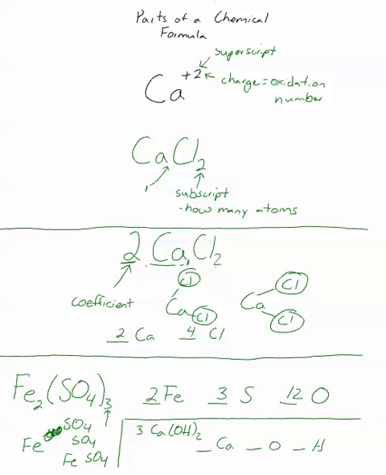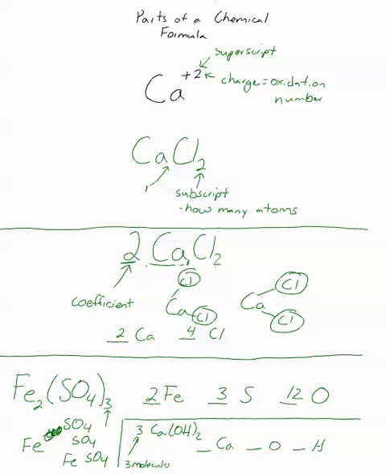Now, this 3 means I've got 3 molecules, okay, of that whole Ca(OH)2, okay? The 3 in front is the coefficient, and that again is the number of molecules. So here's what we're going to do. If there's a number on the bottom, we multiply by something in parentheses, but we also need to multiply it by the coefficient in front.